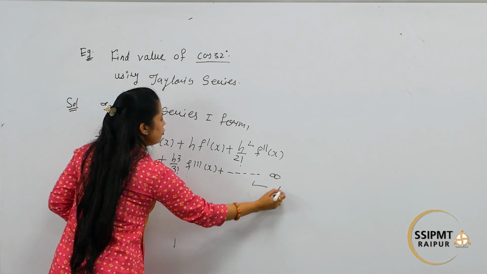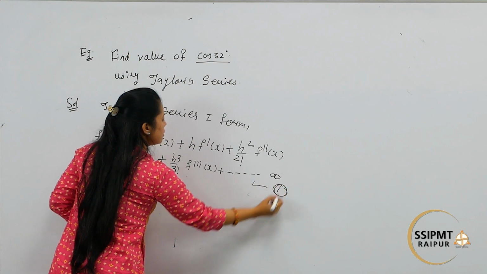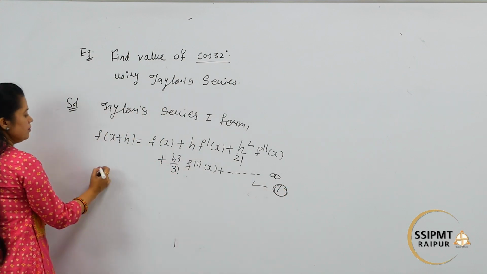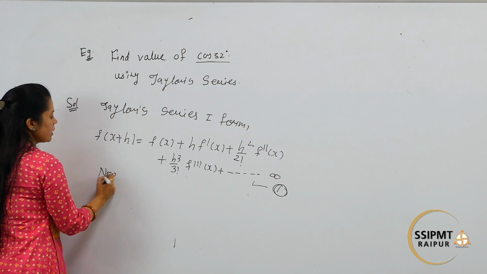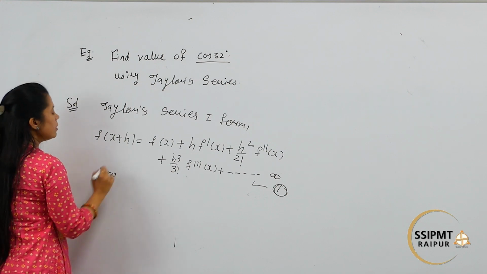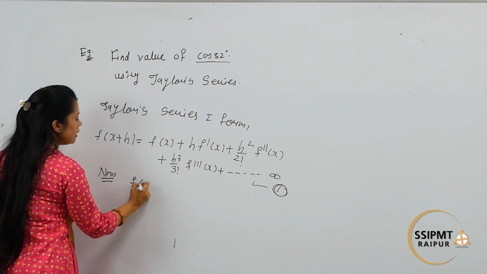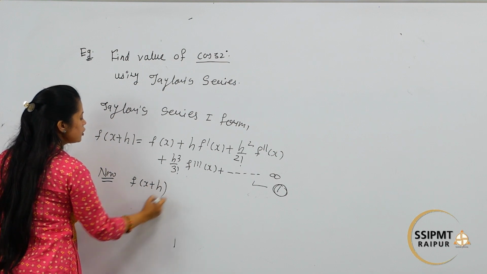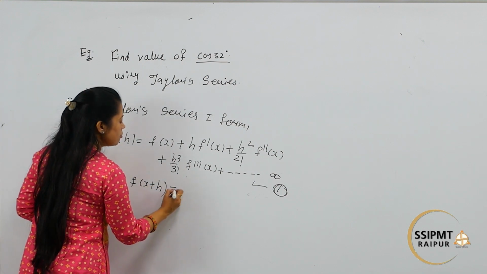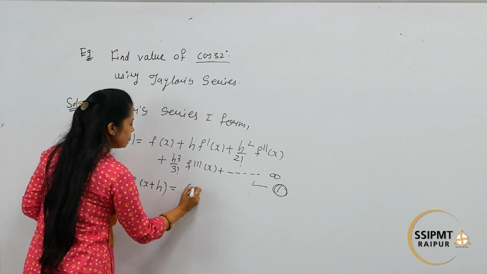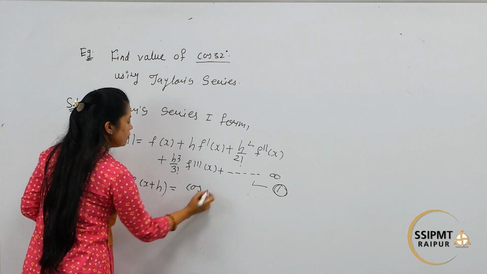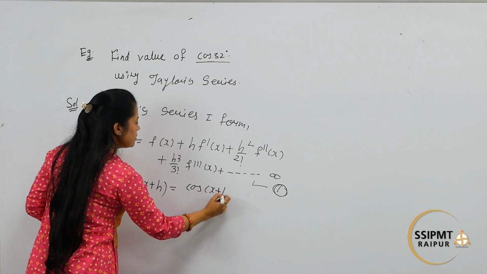So take the formula of Taylor's first form as equation 1. Now since we have to expand cos, so take f of x plus h is equal to cos of x plus h.